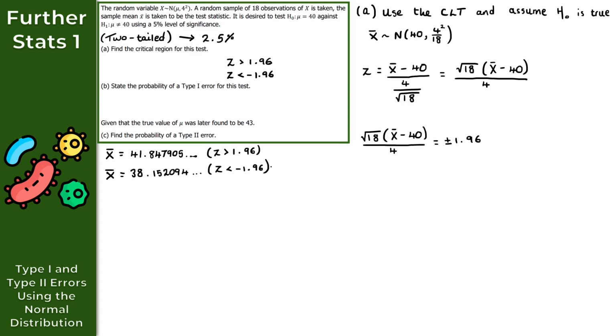Now if we give the solution as the critical region, x bar is going to be greater than 41.847905, because that's for Z being strictly greater than 1.96, and we also have x bar being strictly less than 38.152094.